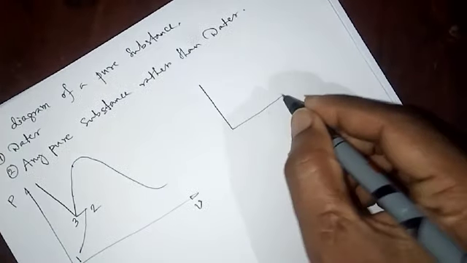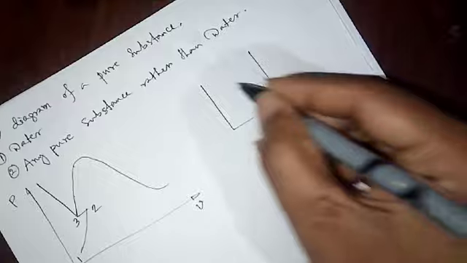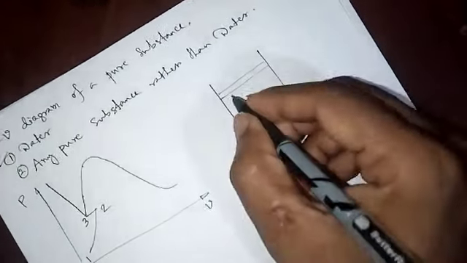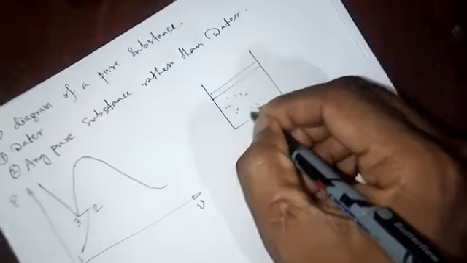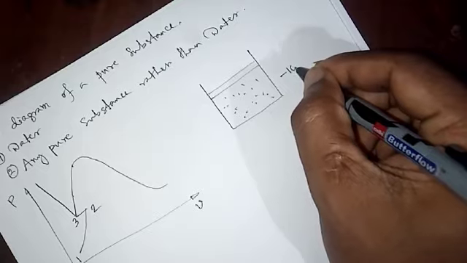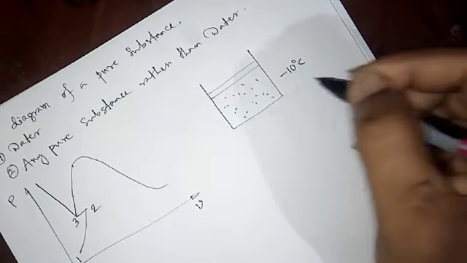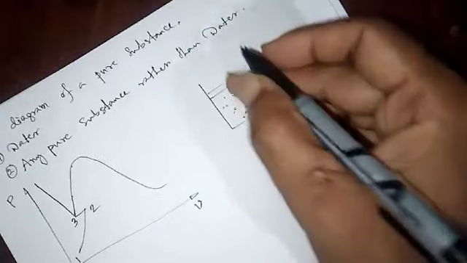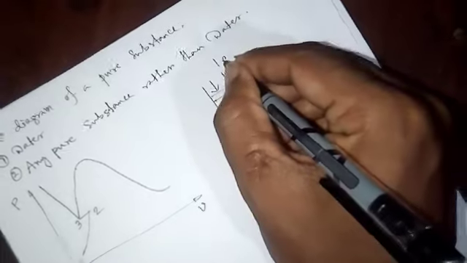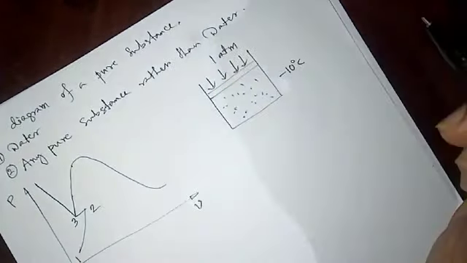First of all, we consider a container or a piston cylinder arrangement, and within it there is ice whose temperature is minus 10 degrees centigrade. The system is in equilibrium with its surrounding, and suppose the surrounding pressure is 1 atm, 1 atmospheric pressure.